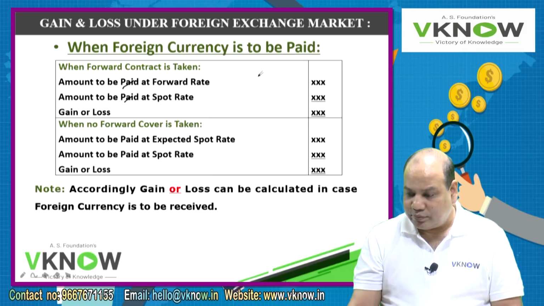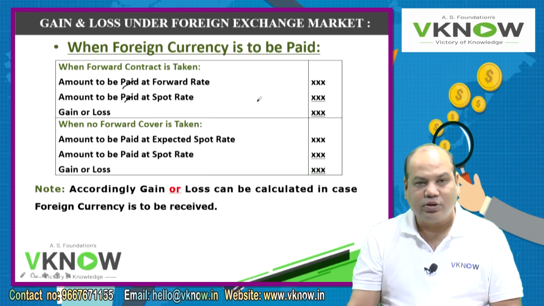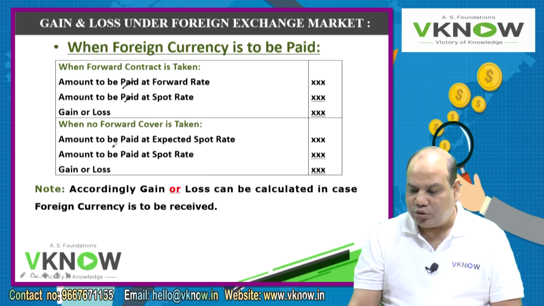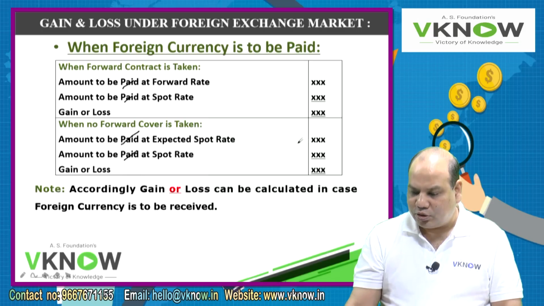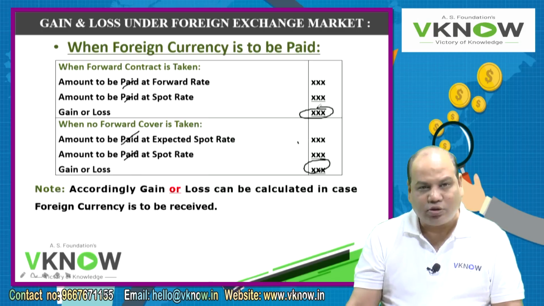If the amount to be received as per forward rate is more than at the spot rate, it is a gain, otherwise a loss. If you don't take forward cover, calculate the amount to be received as per expected spot rate. Calculate the amount to be received as per spot rate, and the gain or loss. Compare this gain or loss with the other gain or loss.